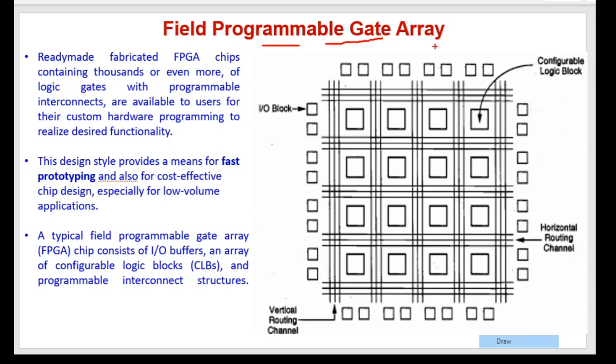Suppose in our lab we have Basys 3 FPGA boards. You can relate it to an Arduino board. Like an Arduino board contains one microcontroller, similarly, a Basys 3 board will contain one FPGA chip.